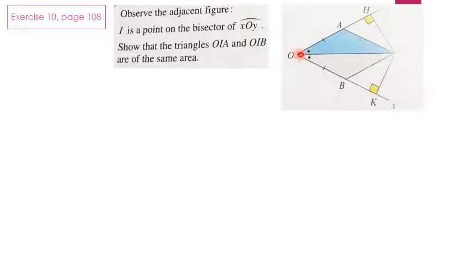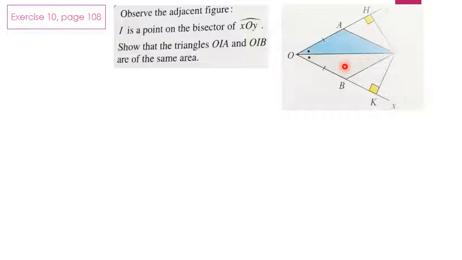This means that YOI equals IOX. Now show that the triangles OIA and OIB have the same area. OIA, this triangle in blue, and OIB, this triangle in gray. These two should have the same area.